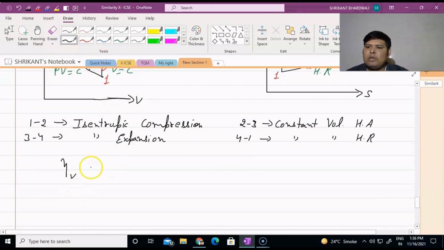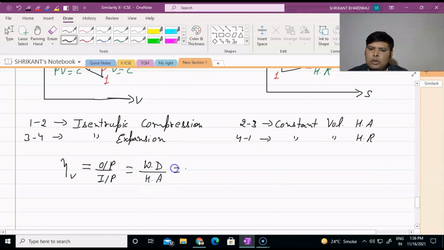Now efficiency of the Otto cycle. So efficiency is equal to output upon input. What is the output here? Work obtained upon heat addition. So work done from the engine is heat addition minus heat rejection upon heat addition.